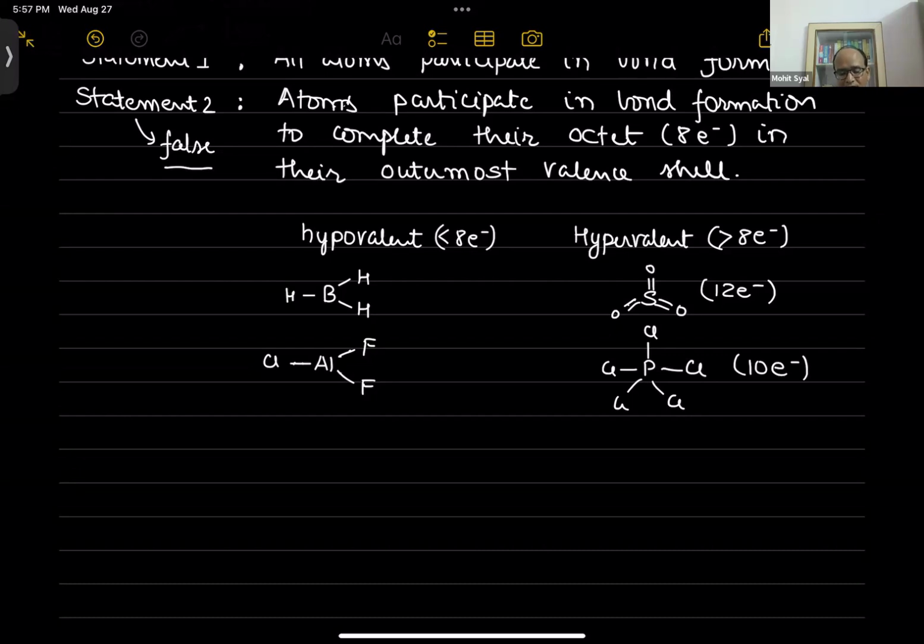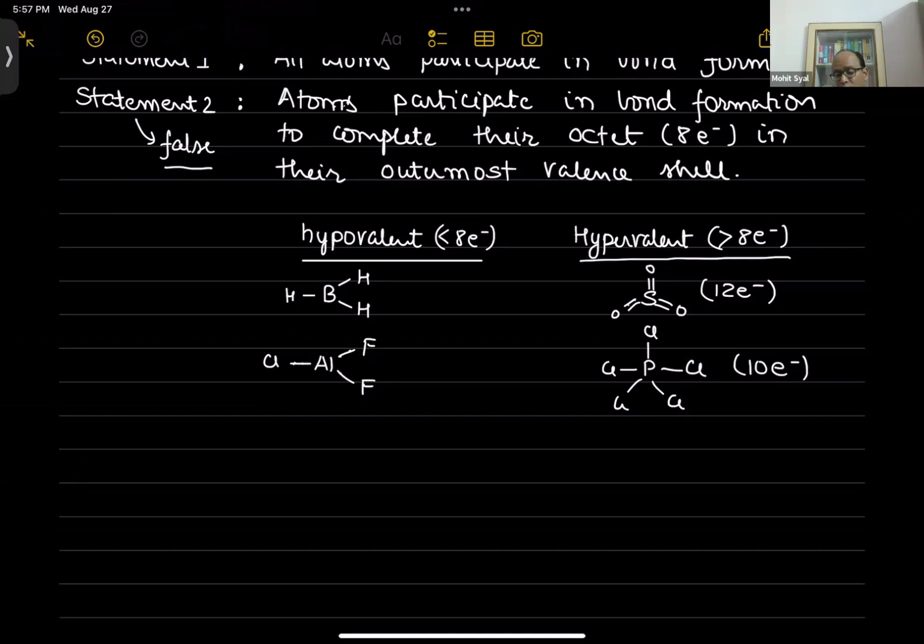So now one thing is sure. Is octet completion the sole criteria for bond formation? Yes or no? Not the sole criteria. Because we can find many compounds where the octet is not completed, even after the bond formation, or there are many compounds where the octet is expanded.